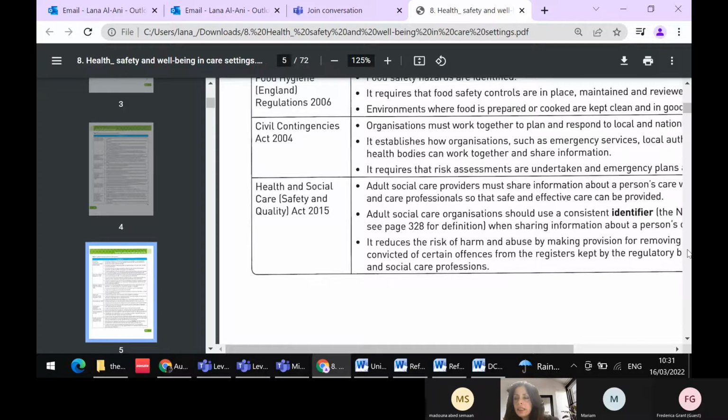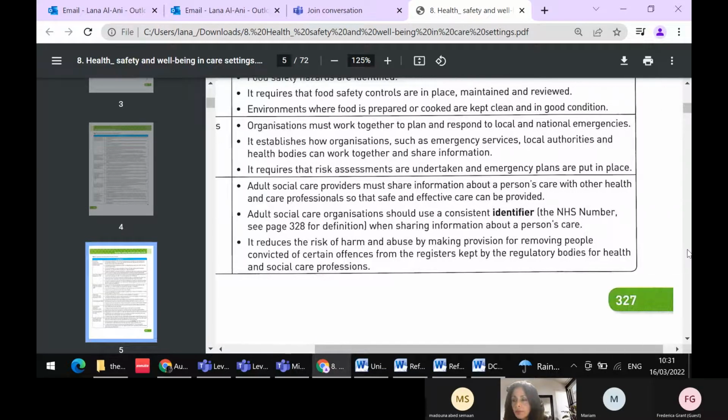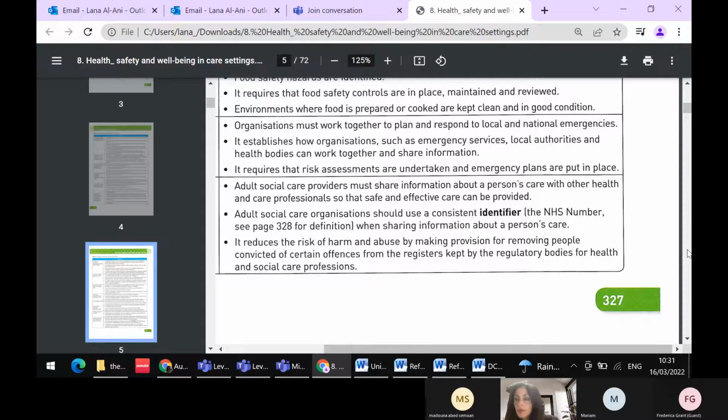Also, the Civil Contingencies Act 2004. What is it all about? So the organizations must work together and plan and record for local and national emergencies.